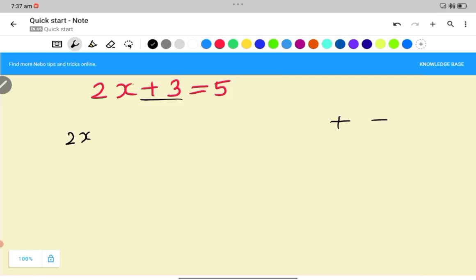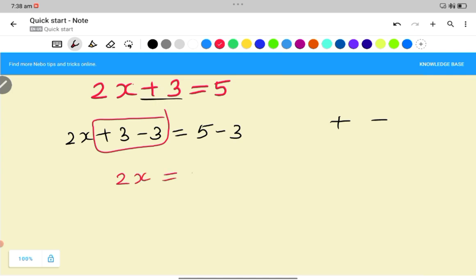So 2x plus 3 minus 3 is equal to, whatever operation is performed on one side of an equation, the same operation should be performed on the other side too. So equal to 5 minus 3. Then plus 3 minus 3 becomes 0. The remaining is 2x. 2x equal to 5 minus 3, that is 2.